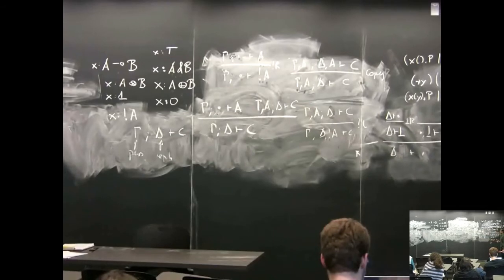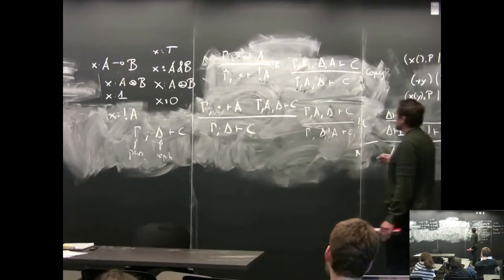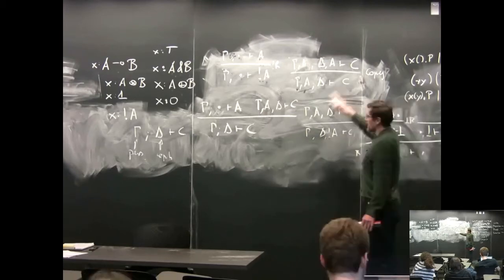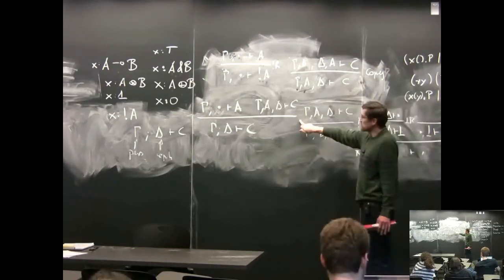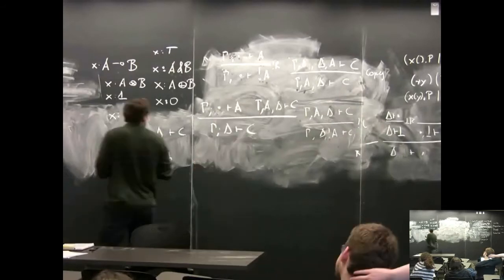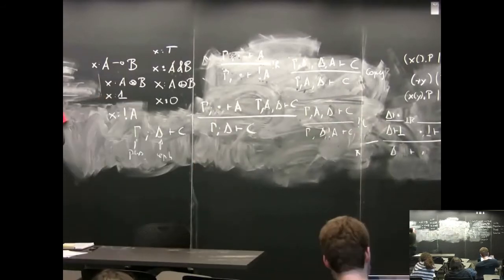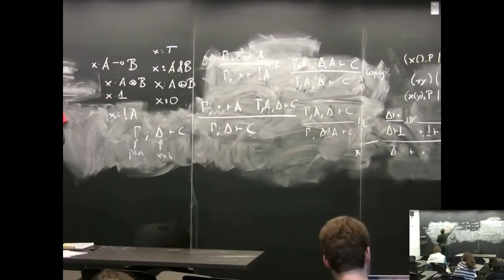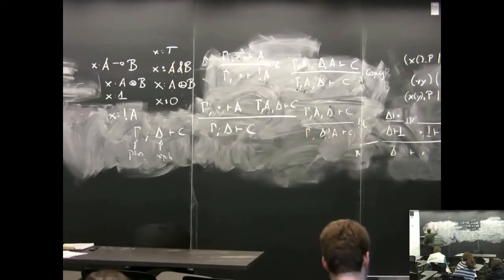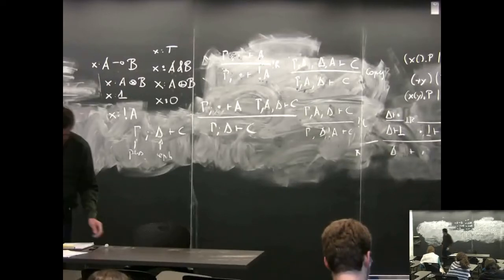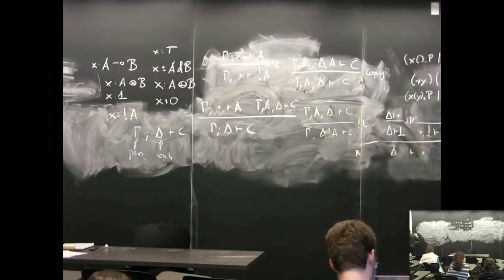For the discussion of today, we actually only need the copy rule and this cut rule. The other rules we can ignore for the moment, because I just want to give you the computational interpretation.